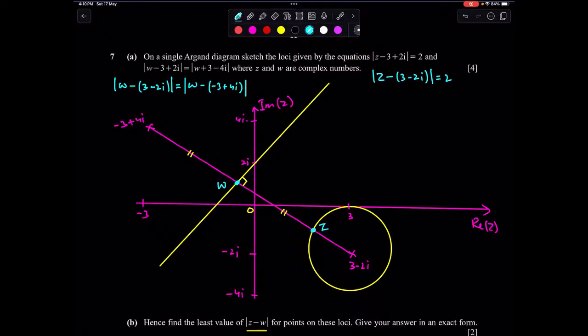This distance is required. This is z minus w, least. So first we will find this total length and then we will subtract the radius from it, and the radius is 2.